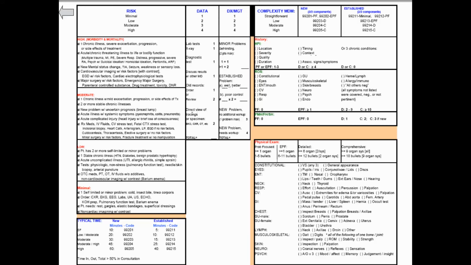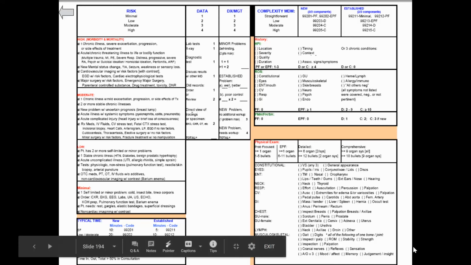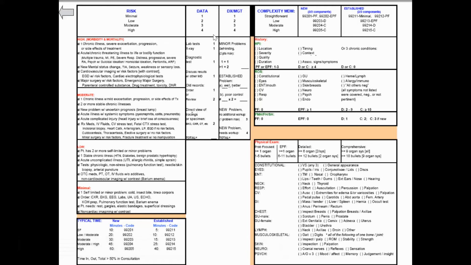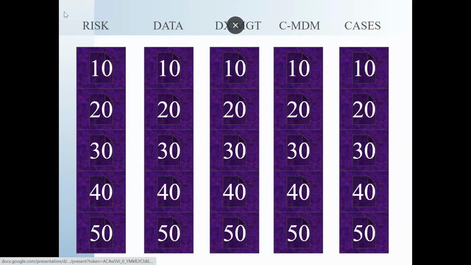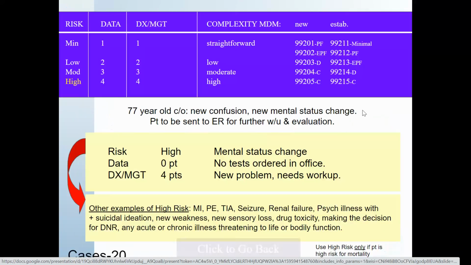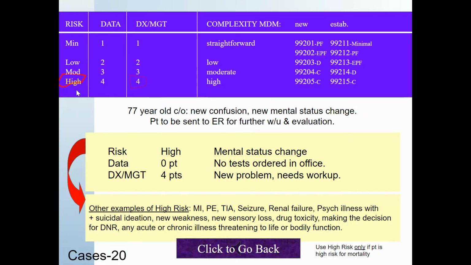Skin, inspection, no lesions, warm, moist, elastic. So this would be an example of using the comprehensive exam. I just wanted to let you see that this new problem like this, especially with any kind of a threatening condition, will get you the 215.